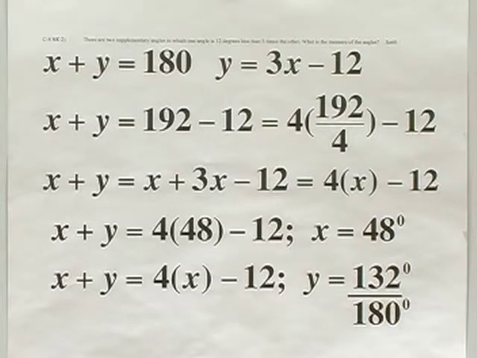Supplementary means the 2 angles add up to 180 degrees. Complementary means the 2 angles add up to 90 degrees. So we have 180. Here's the second equation. Y is equal to 3 times the other, 3 times x. 12 degrees less than means minus 12.